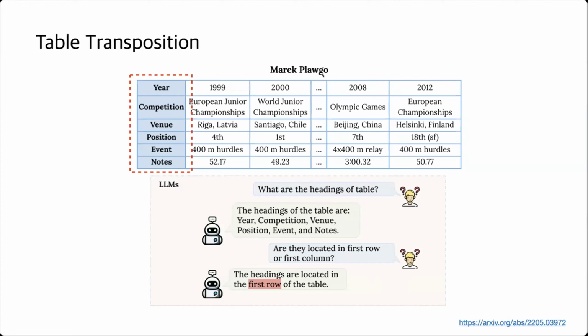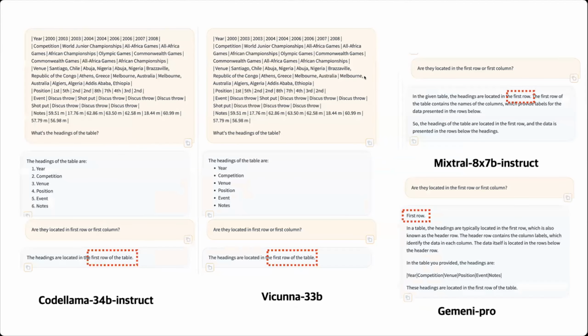So we found that the models can semantically extract the table's headings quite well, but they struggle to correctly answer the simple question of whether the headings are in the first row or in the first column. If we check more examples on the chat arena, we can see all of those models said that the headings are located in the first row instead of the first column.